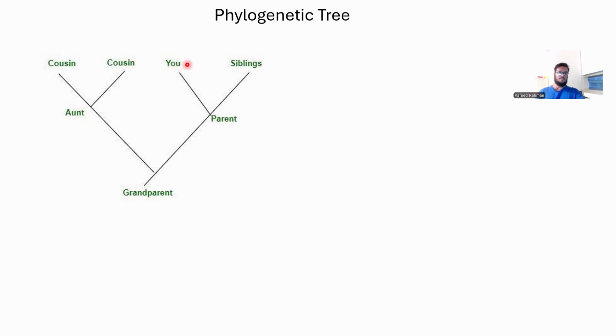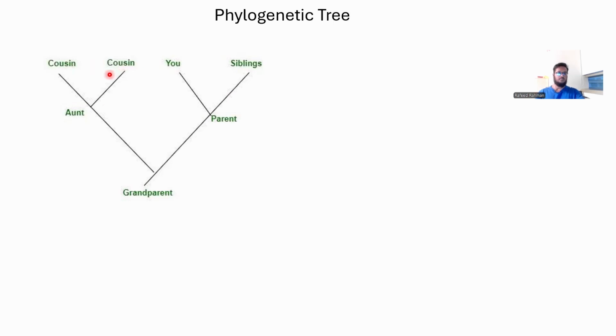If you look at the family tree, there are two interesting things we want to understand here. Number one is you are actually the closest to your sibling, right? Genetically, and even to some extent in characteristics, you are very similar to your siblings. Both you and your siblings are equally far apart from your cousins, right?